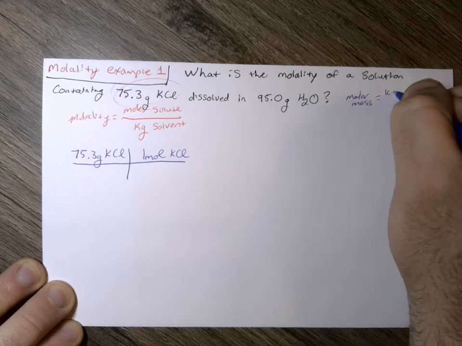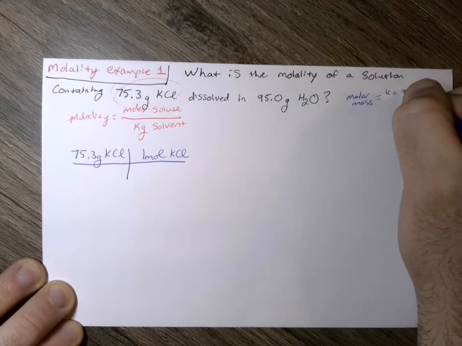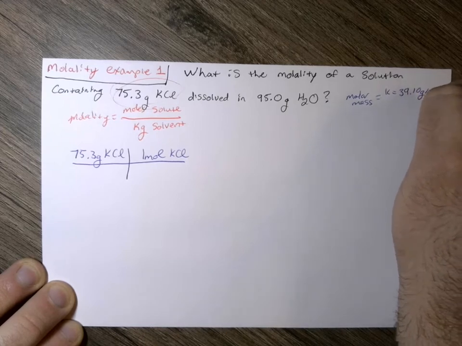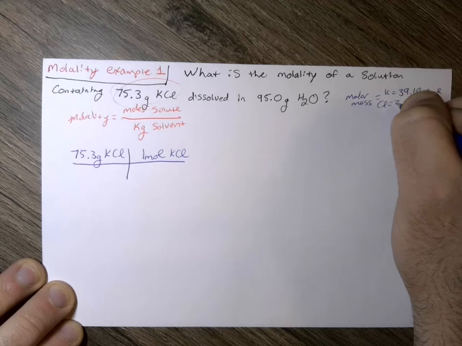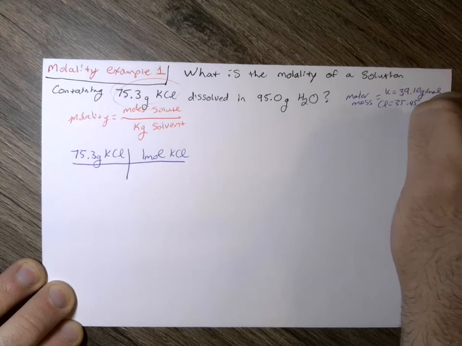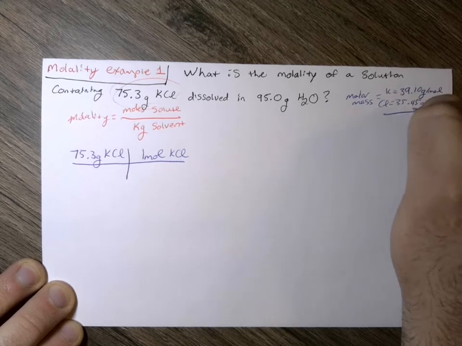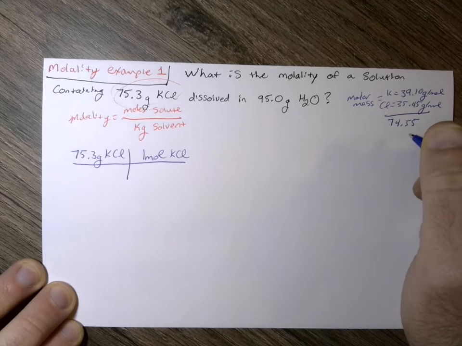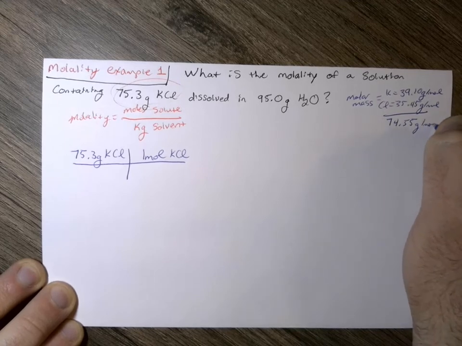Potassium is 39.10 grams per mole, and chlorine is 35.45 grams per mole. So we add those together, and we get 74.55 grams per mole.